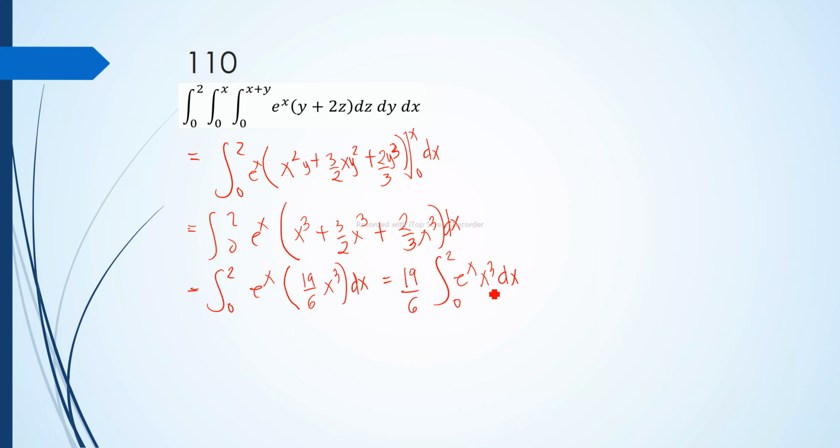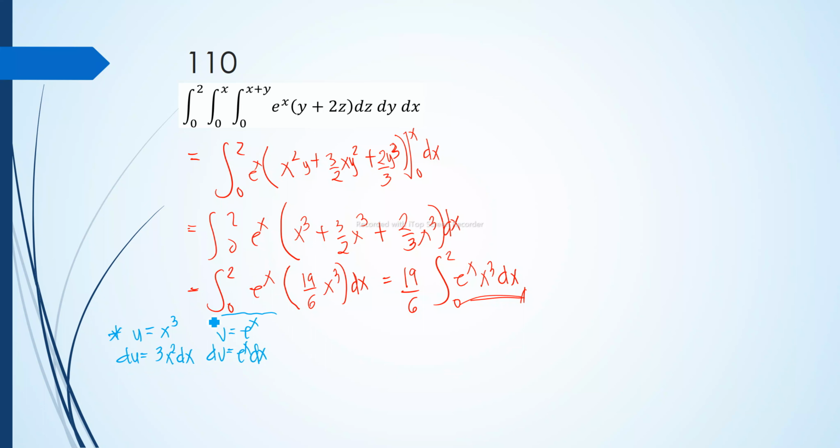Now we integrate this using integration by parts. If we let our u is equal to x cubed, then our du will become 3x squared dx. If our dv is the e to the x dx, then v is equal to e to the x.